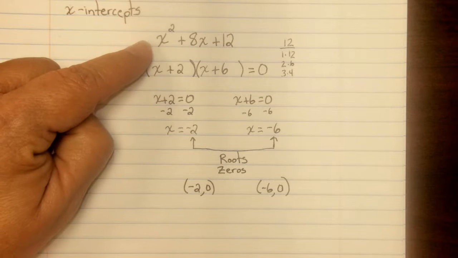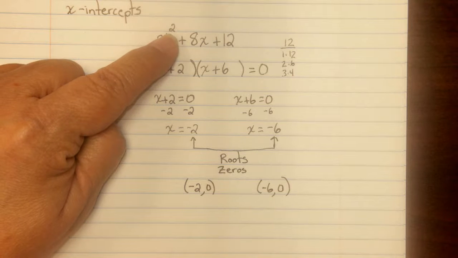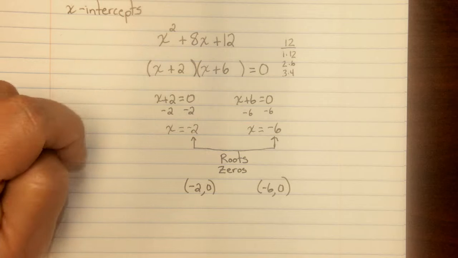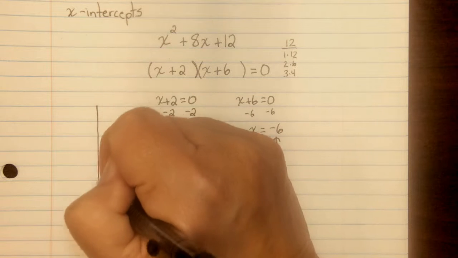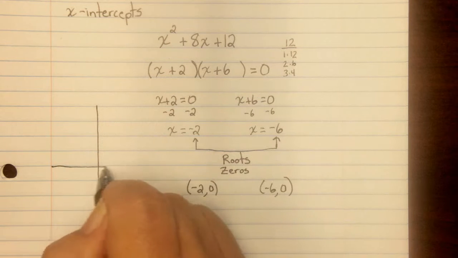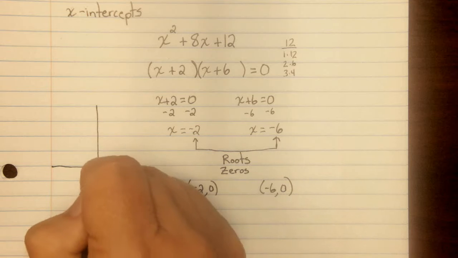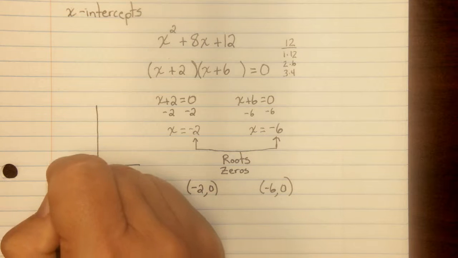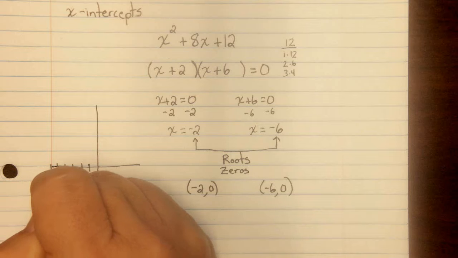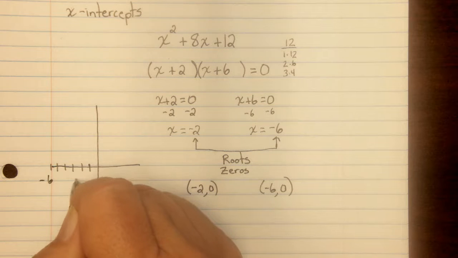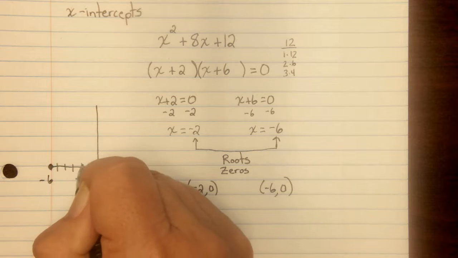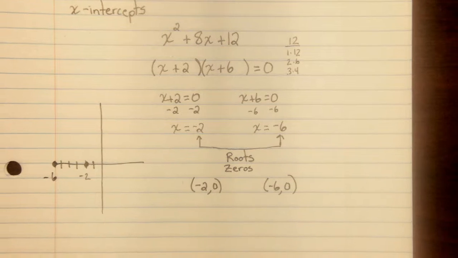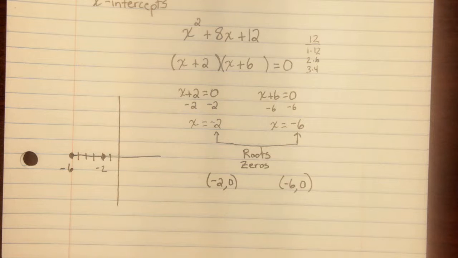So this graph, see the 2, that means that this graph is going to be a parabola, but these x-intercepts tell me where my graph is going to cross the x-axis. So that means come over here to negative 6 and negative 2, and that is where my graph is going to cross the x-axis.